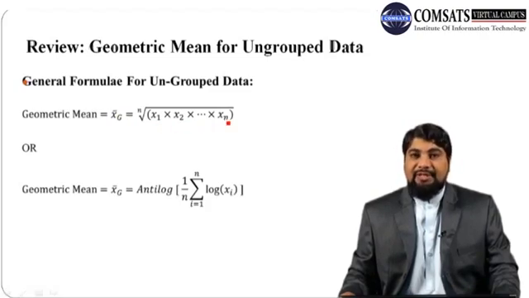In order to find the geometric mean of these n observations, just multiply them, x1 cross x2 cross so on xn, and then take the nth root. This is the same as finding the product of these n numbers and then taking the power to be 1 over n. So the nth root is actually the power of this product taken to be 1 over n.